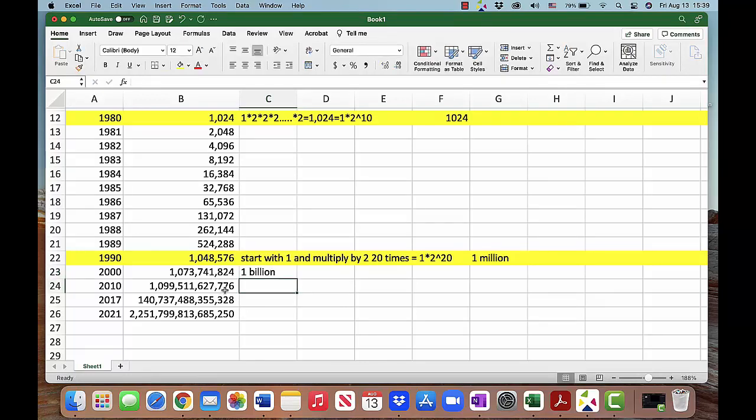Alright, the next one is 3, 6, 9, 12. 4 periods, 12 digits, so that is in trillions. Next one is 3, 6, 9, 12, still trillion. So let's round this into 140. And after that, 3, 6, 9, 12, and then 15.